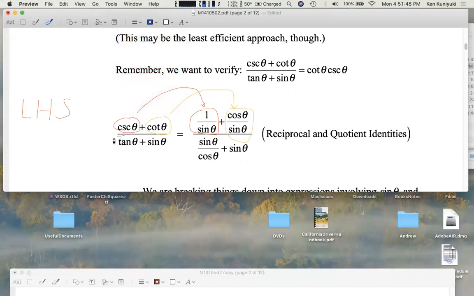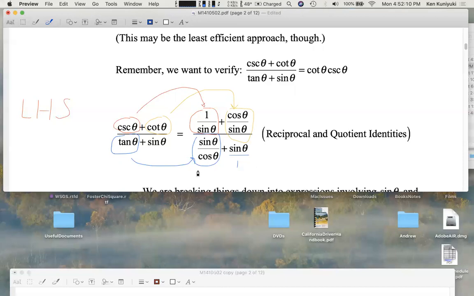Tangent of theta by another quotient identity goes to sine of theta over cosine of theta. Sine of theta is already pretty nice, but it might actually help if we put it over 1, since it's clear that we're going to have to manipulate fractions. That may be a helpful thing to keep in mind.